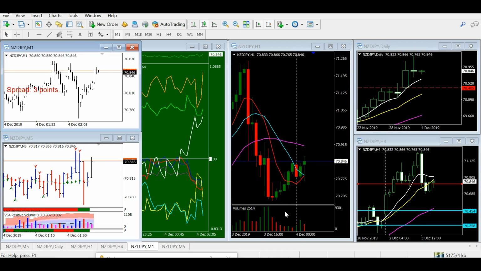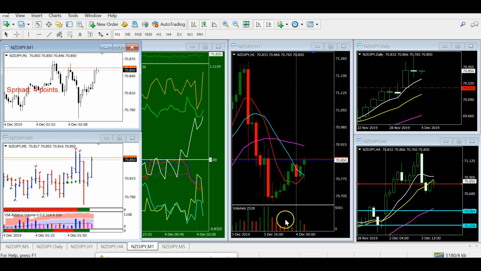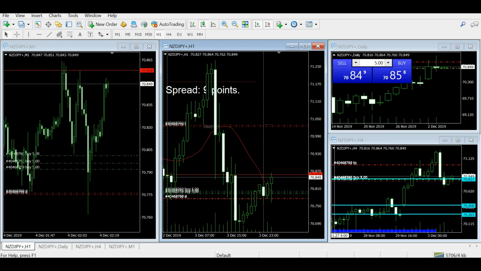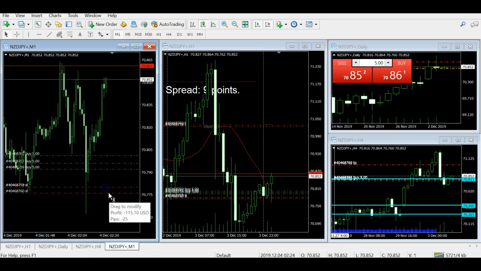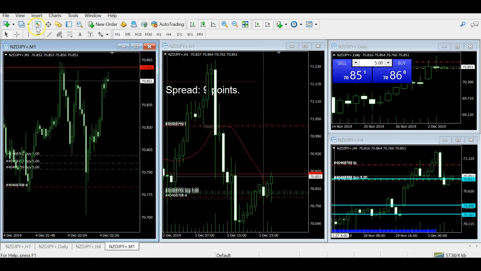So from my currency strength indicator, you can see the white line and the yellow line, they are seriously divergent.